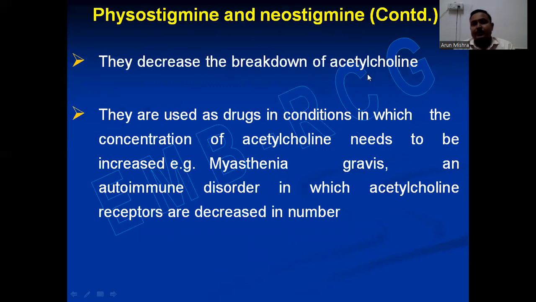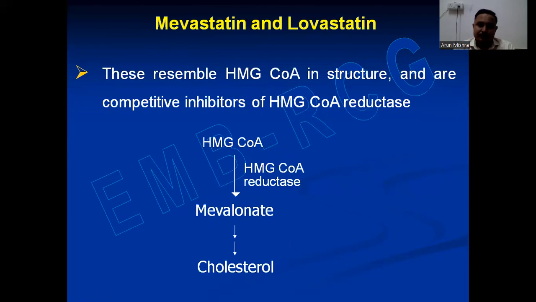Acetylcholine is a neurotransmitter, as we all know. They are used as drugs in conditions in which the concentration of acetylcholine needs to be increased. Myasthenia gravis is an autoimmune disorder in which acetylcholine receptors are decreased in number. So, in order to increase the acetylcholine concentration, its degradation is stopped by using these two.